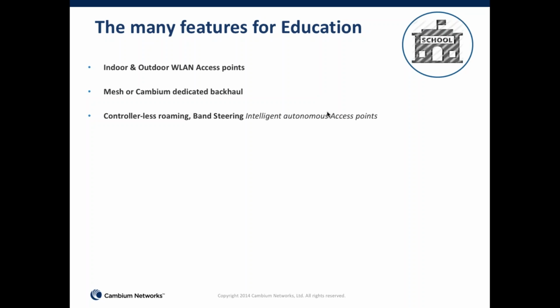When that happens, the 2.4 gigahertz band gets freed up for older equipment, and at the same time the 5 gigahertz capable client or laptop gets access to a faster lane. And you can do all of this without the need for a controller. But if you do have a controller, you get all of those benefits plus the advantages of managing them much more conveniently.